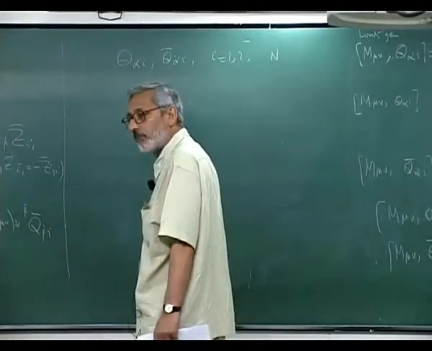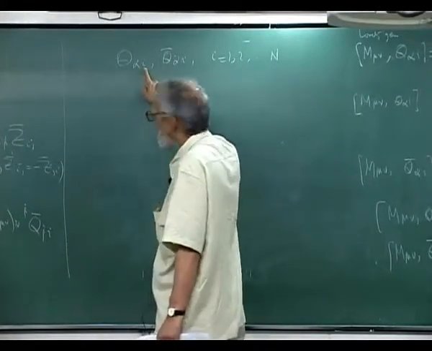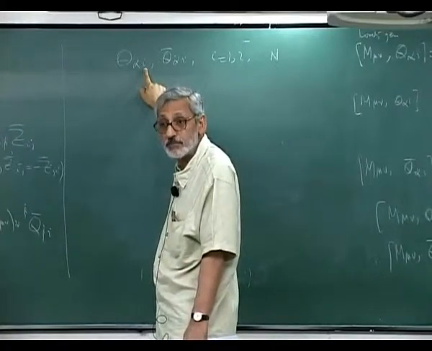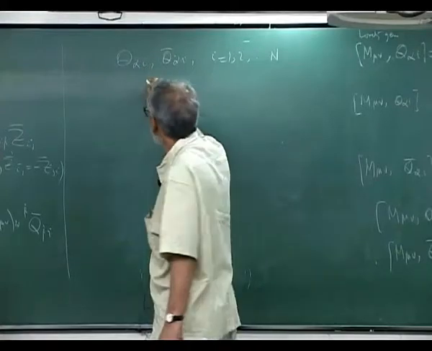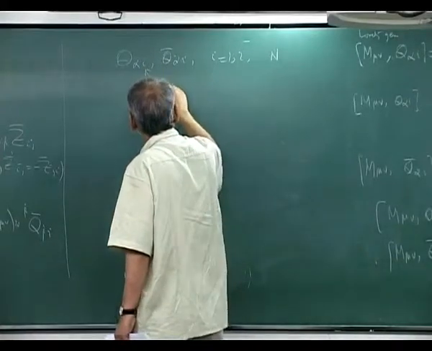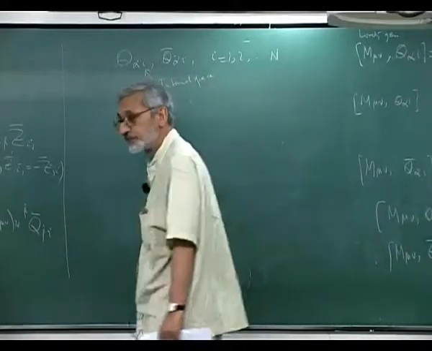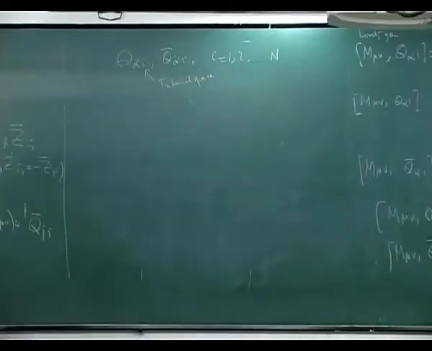These are n of them, labeled by index I, which has nothing to do with the Lorentz group. So it's an internal space label, not a Lorentz group label.